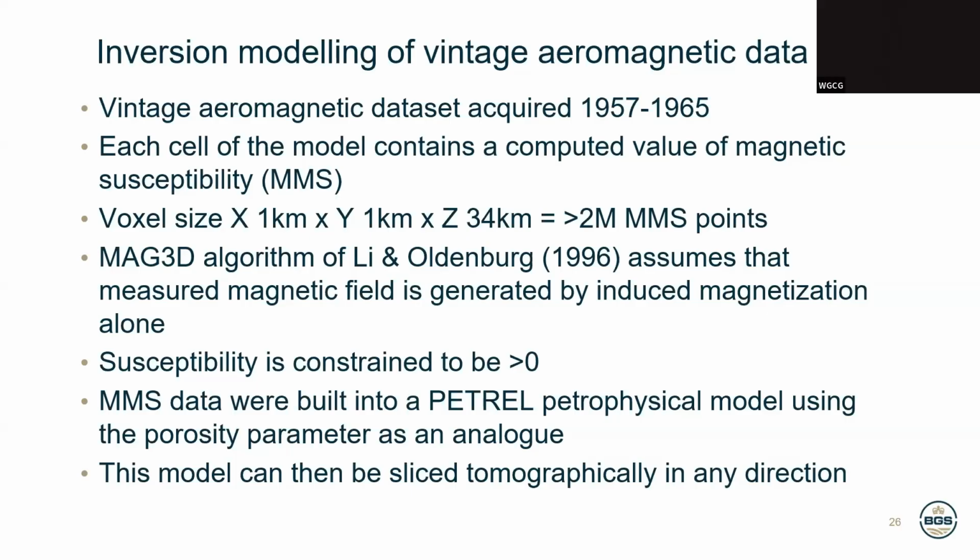In simplistic terms, the computer looks at the basic recorded magnetic data set and assigns a value to every one of those cells, which it thinks is the best fit to the observed field. So we're one step away from reality. We're talking about a model here, not an actually observed physical property, but the physical property was observed in the first place, and the computer is making a decision about what it thinks the internal structure of that data set is, to its best ability, using parameters that we put in.